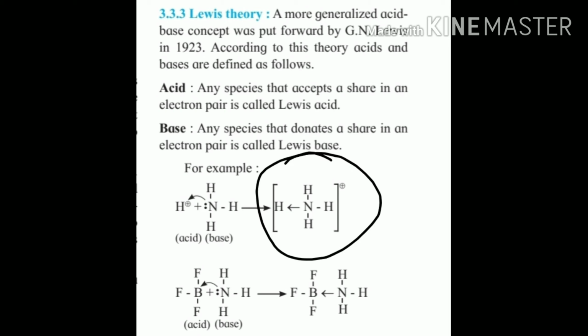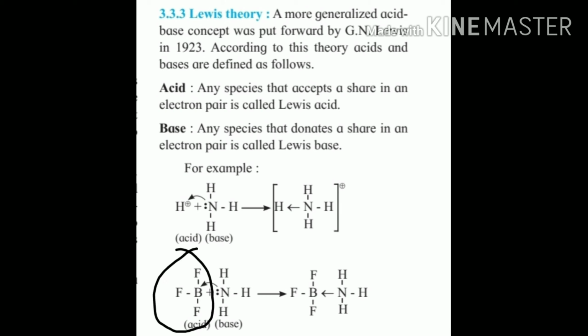NH4 plus. Now we move on to the second example, which is boron trifluoride, that is BF3, which is the acid, and again you have ammonia NH3, which is the base. Again you can see there is a lone pair of electrons which nitrogen is having. So what is the acid going to do?